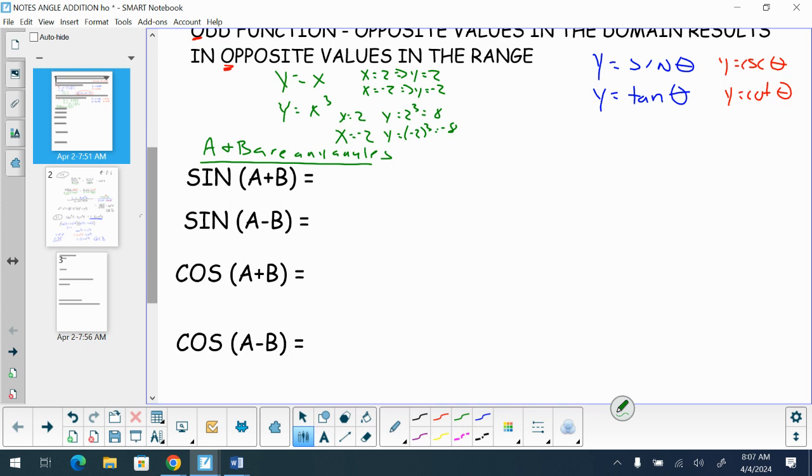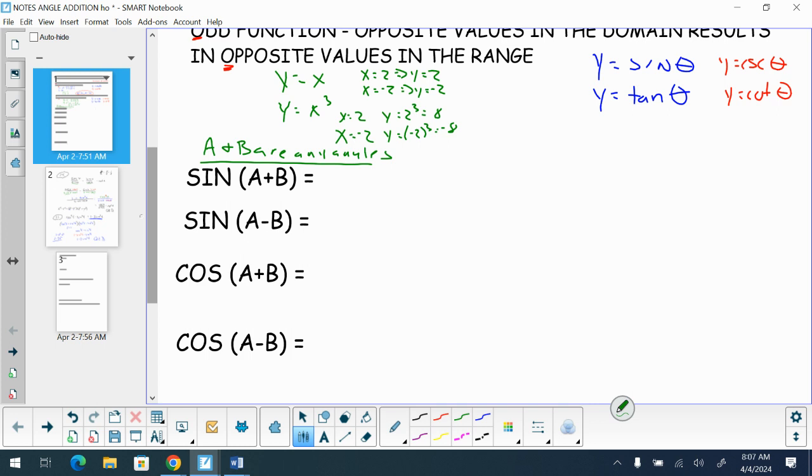But what we're going to give you are problems that have applications to these angle additions. And the unfortunate thing is what you have been brainwashed into, programmed to do mathematically, is when you see parentheses, you distribute the value that's on the outside to both the values that are inside.